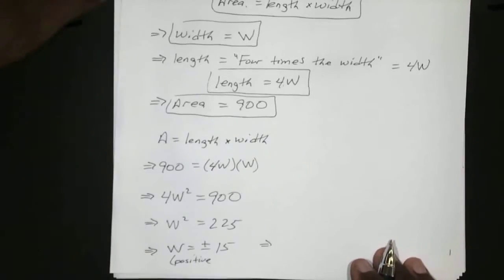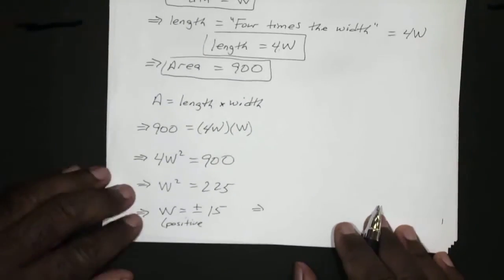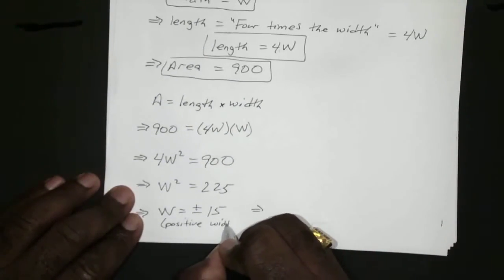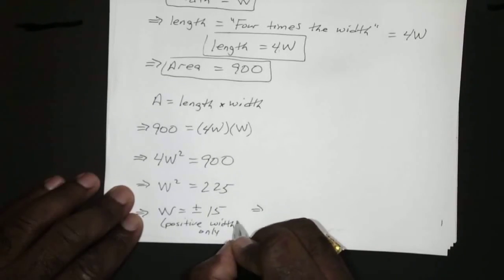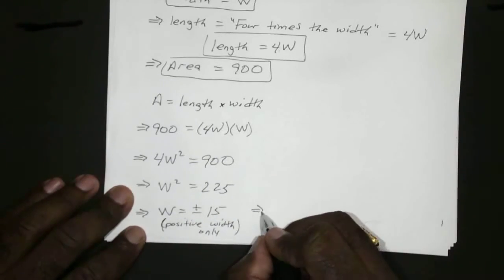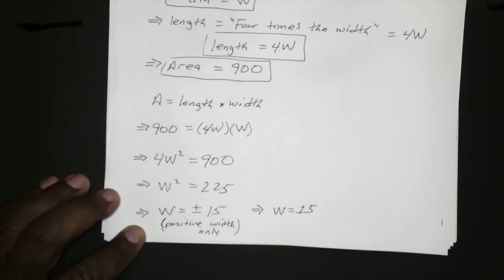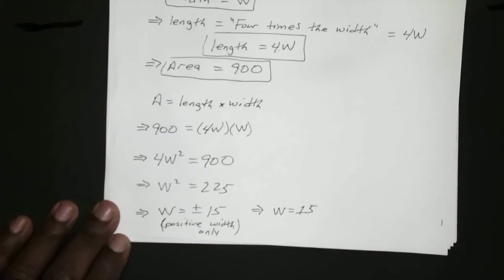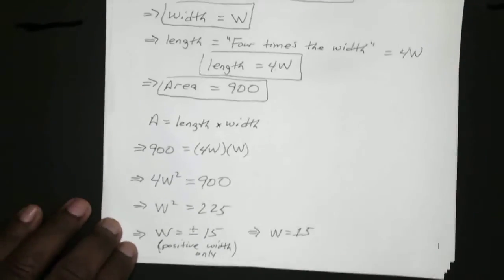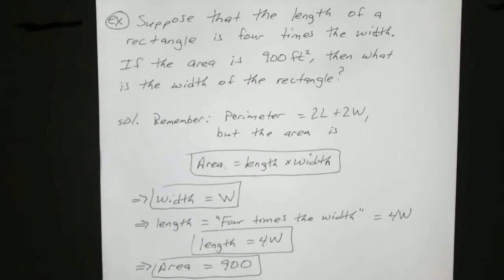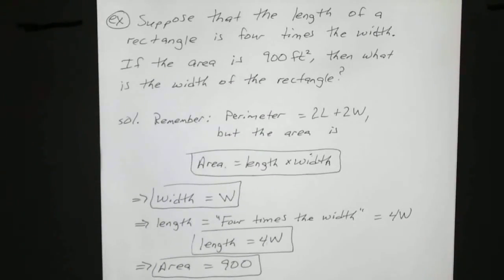So positive only. So the width is equal to 15. Now we don't have to plug that in to find the length because all they wanted us to find was the width. So if all they wanted to know was the width, that's all we have to give them. Now if you want to find the length, you could, but you don't have to.